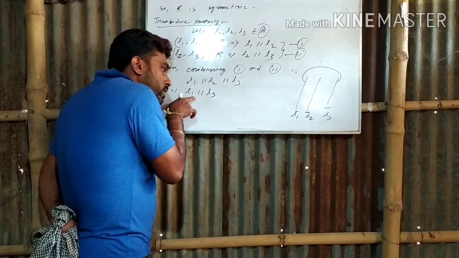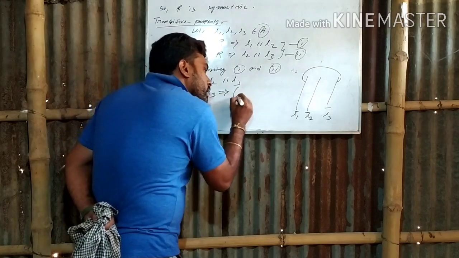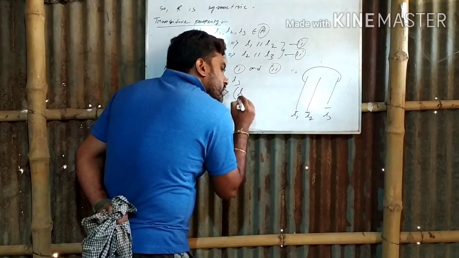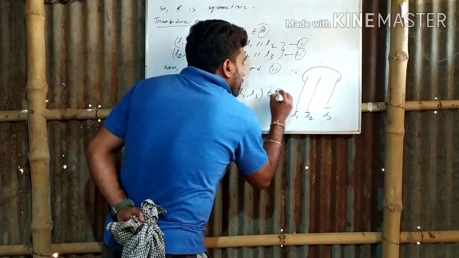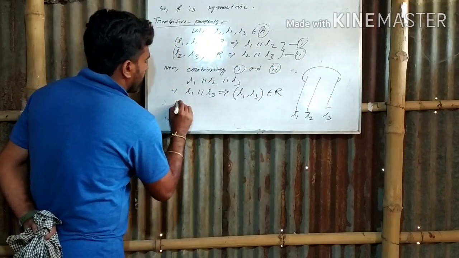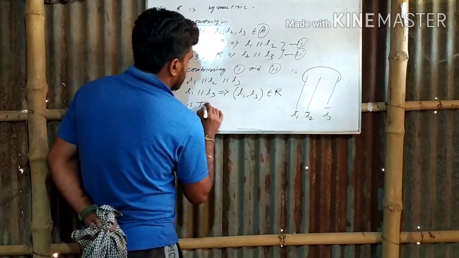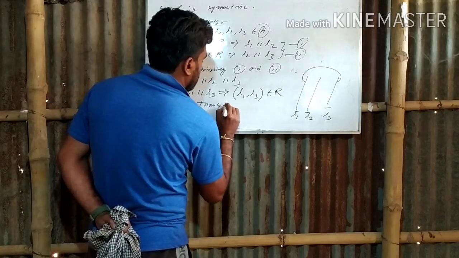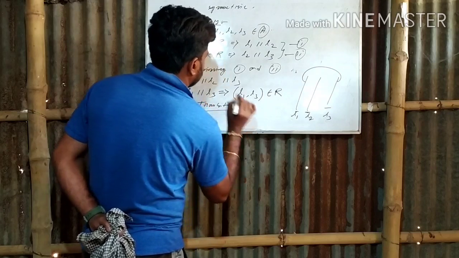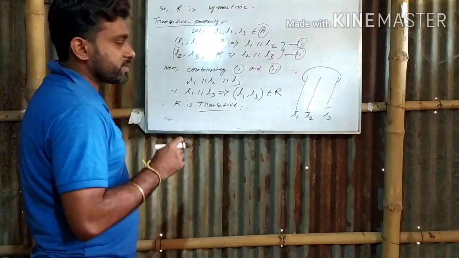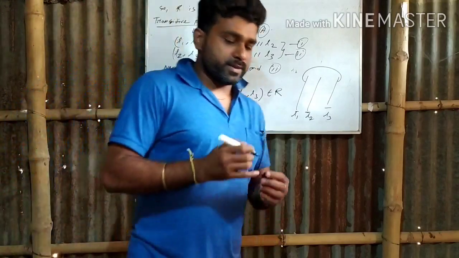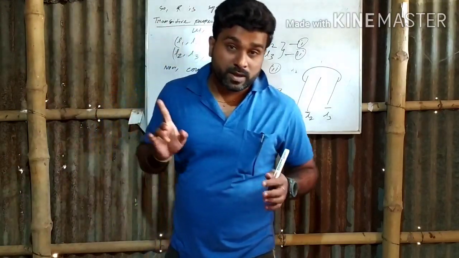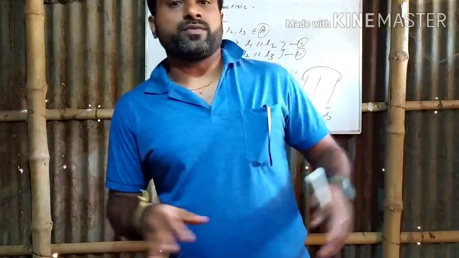So if L1 is parallel to L3, then one ordered pair will be constructed between L1 and L3. So (L1, L3) belongs to R. So R is transitive. Here you can see this R is reflexive, symmetric and transitive. That's why this relation is an equivalence relation. Here it is proved.